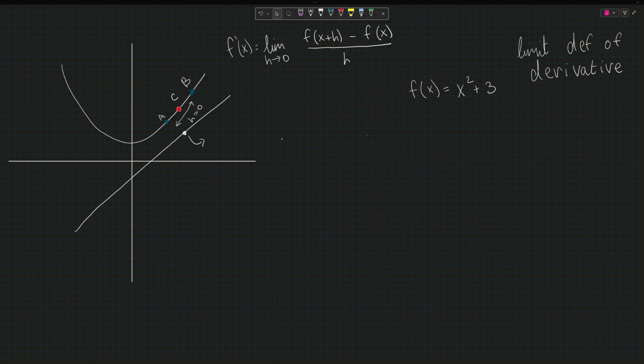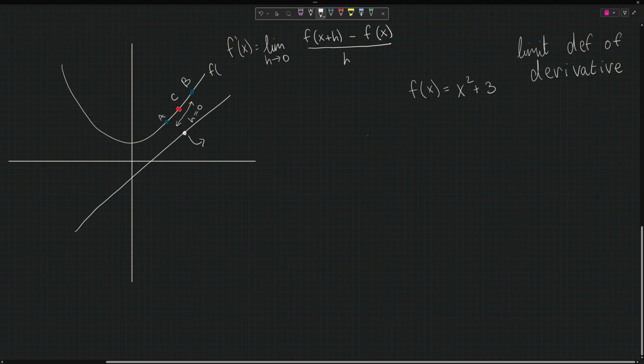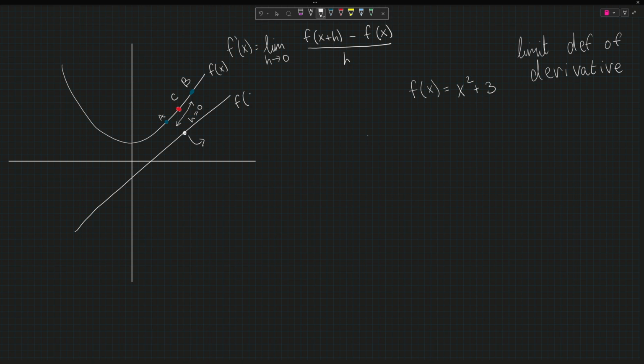So let's talk about what the derivative of an entire graph means. In this case, the derivative of f of x, which is this parabola, a quadratic function, would be a linear function, f prime of x. You could think of it as the slope of the parabola, but I like to think of it as, for every single point on this parabola, this line will have the slope of the tangent lines for every single point on that parabola.